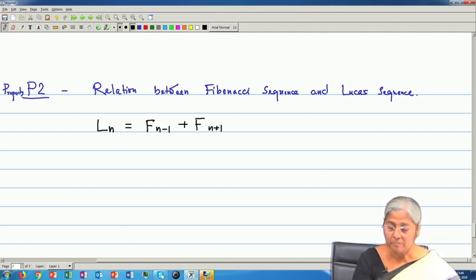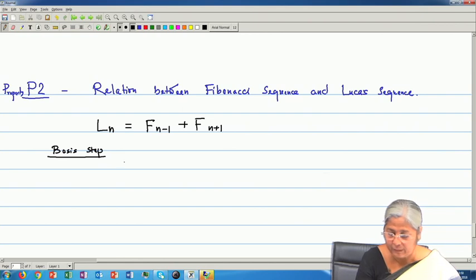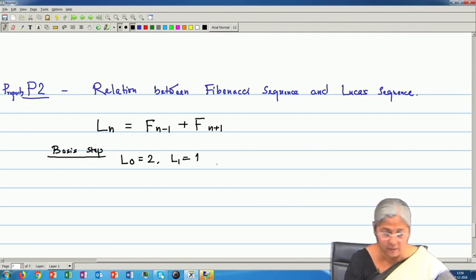So, if I see the list of the sequence, quickly we can see that my basis step is L 0 equal to 2, L 1 equal to 1.